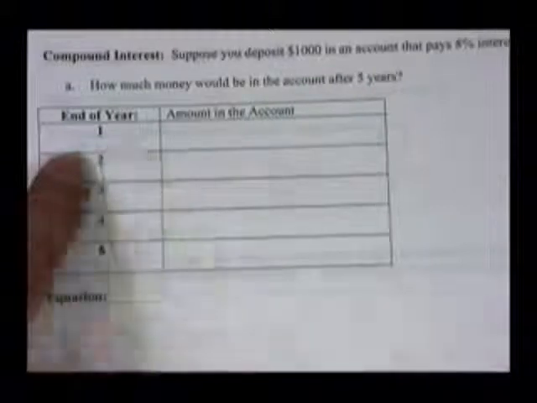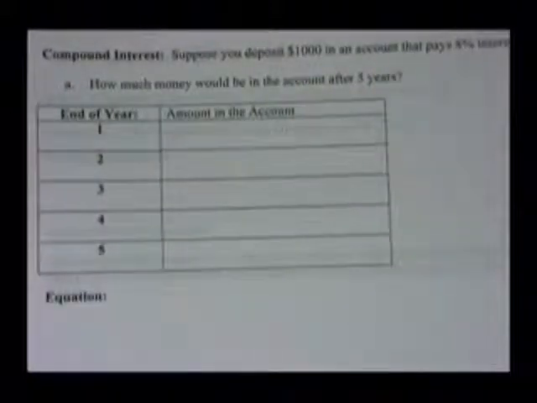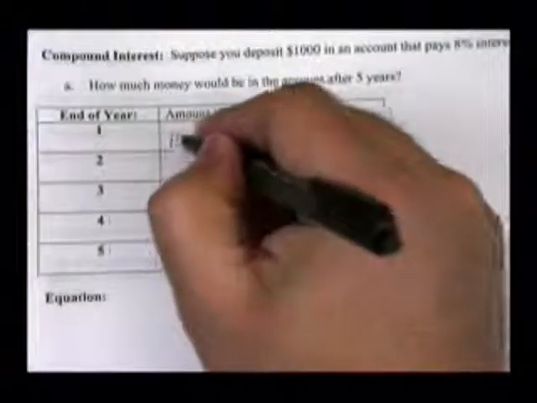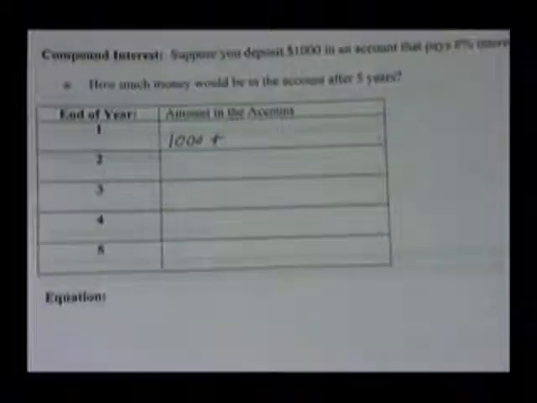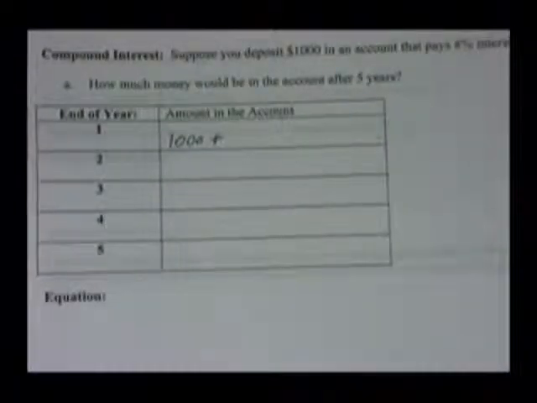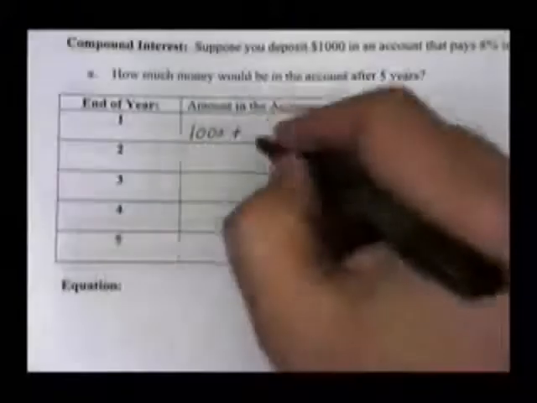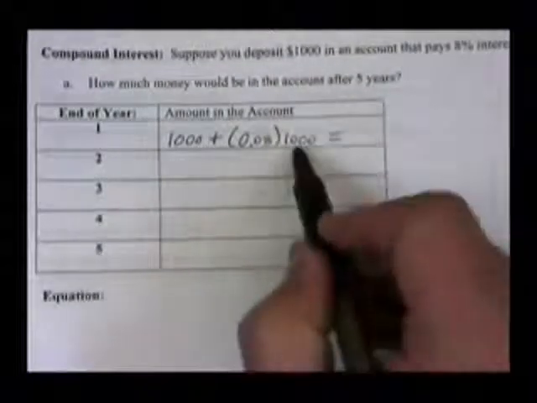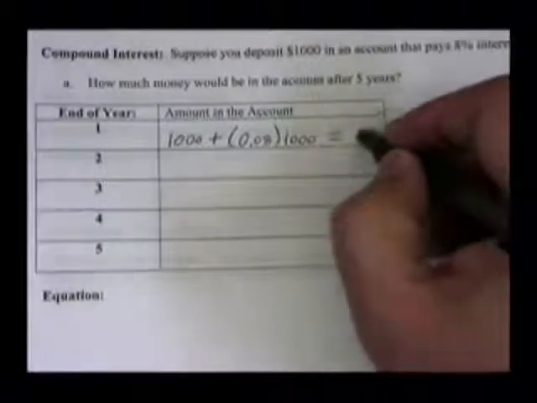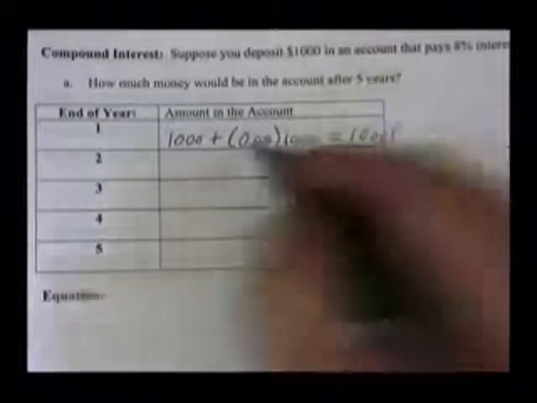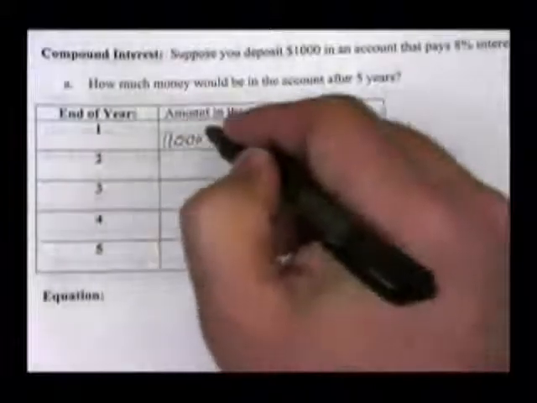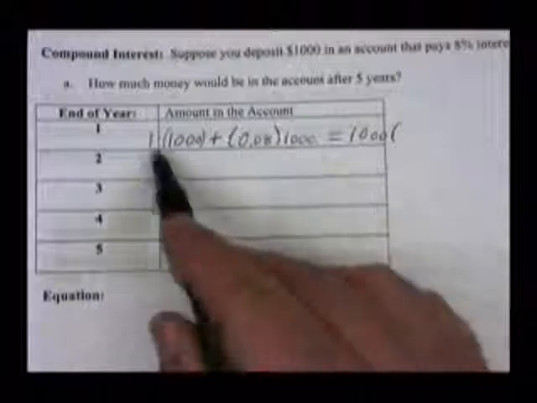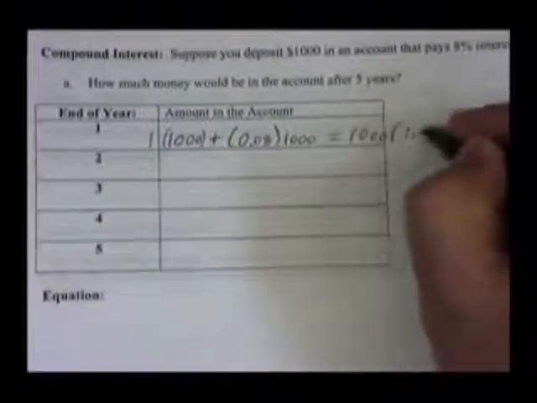At the end of 1 year, you're going to start off with what you deposited, $1,000, plus you're going to add your interest onto that, which was 8%, or 0.08, of the $1,000. I'm going to rewrite that and pull out the 1,000, and I'm going to have a 1 left over from here, because this is times 1. If I factor out 1,000, I'm left with 1 plus 0.08, which would be 1.08.